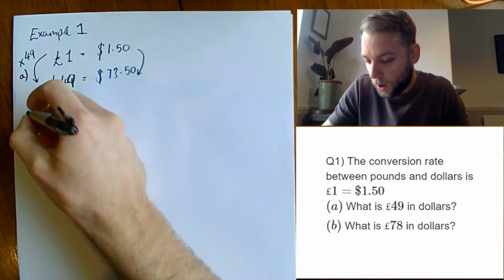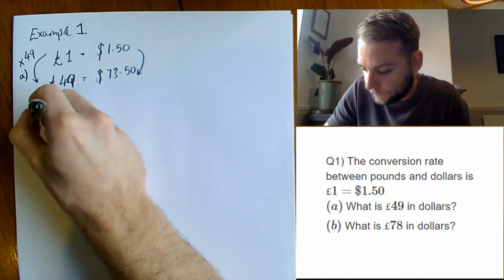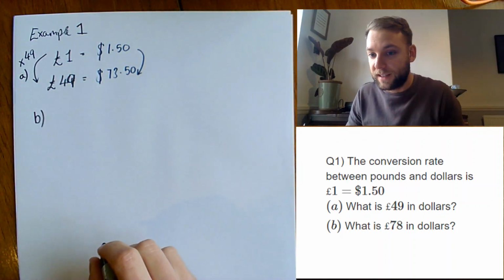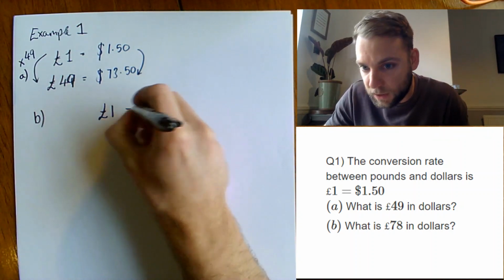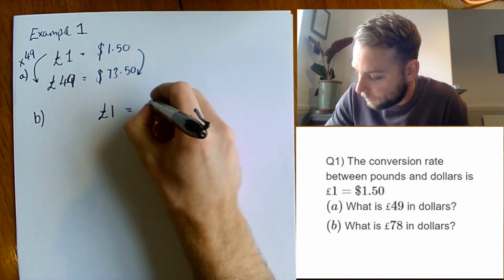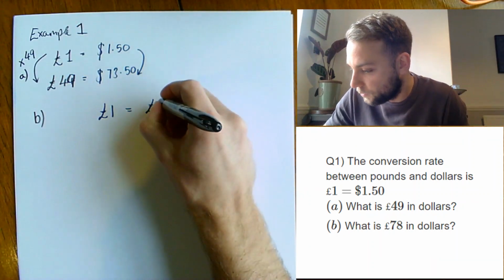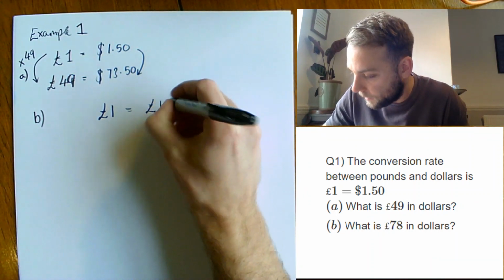Okay, so part B says, how much is £78 in dollars? And you start off with exactly the same thing. £1 is equal to $1.50.